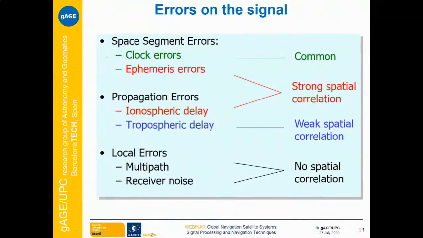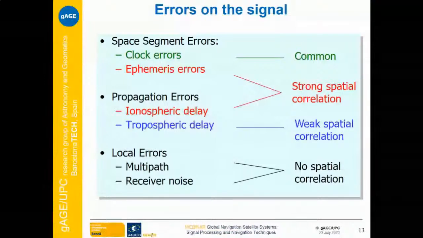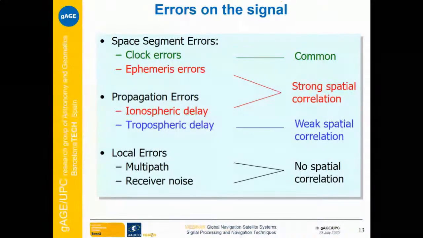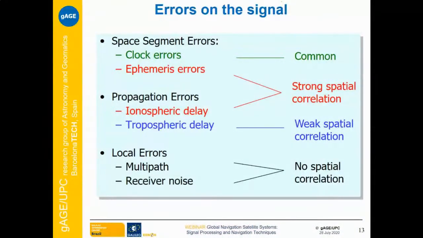And we can see how correlated those errors are. The clock errors are common errors, so they can be completely cancelled in differential positioning. The ephemerides and ionospheric errors show a strong spatial correlation, so we will eliminate quite a lot of these errors that are shown in red.